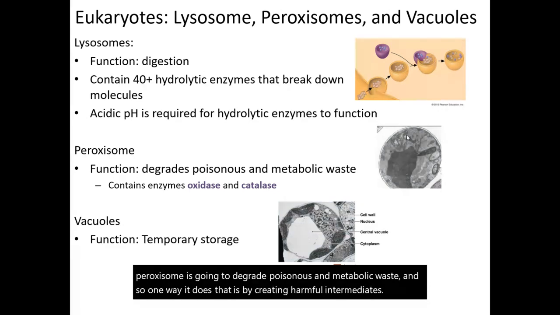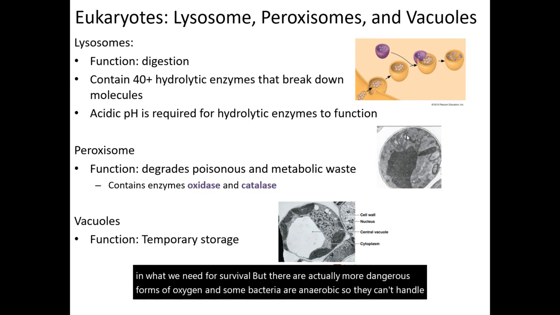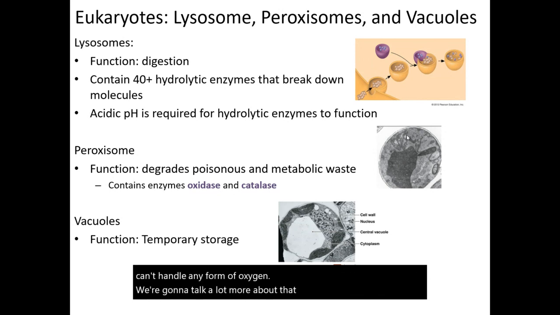So when we think of oxygen, we think of O2, right? What we breathe in, what we need for survival. But there are actually more dangerous forms of oxygen. And some bacteria are anaerobic, so they can't handle any form of oxygen. We're going to talk a lot more about that in Unit 2.